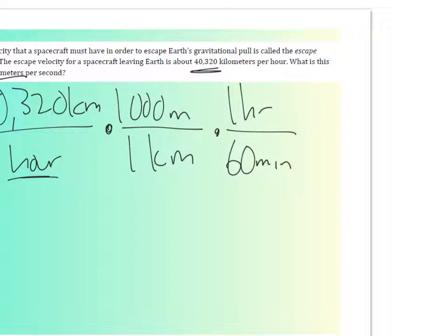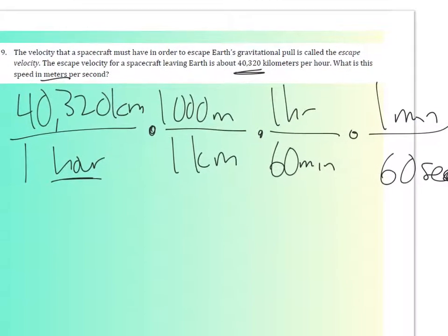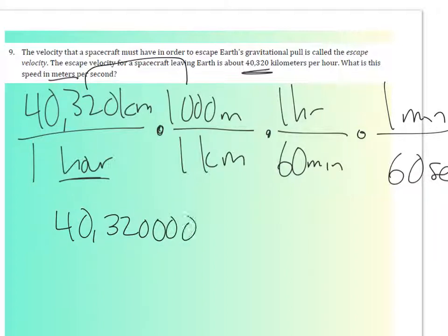And you've got to go one step further. You've got to say, you know what? 1 minute is 60 seconds. So that cancels. So now you're left with multiplying the top together and dividing by the bottom. So you're going to take 40,320 times 1,000. So you get a really big number, 40,320 followed by 3 more zeros.